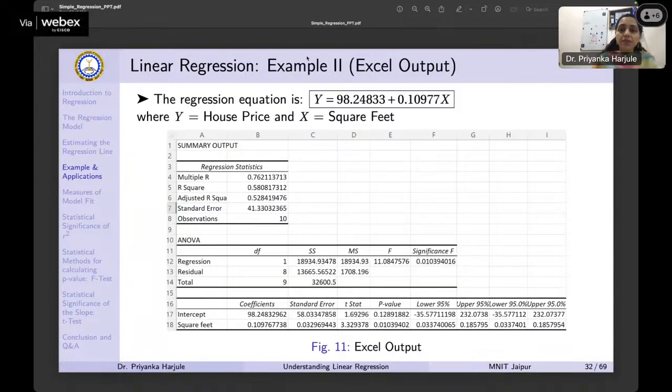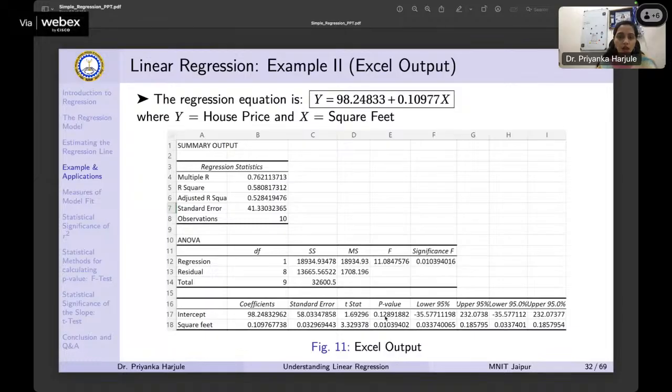What does it mean? Looking at this line, you can say that it meaningfully contributes to predicting the dependent variable. You have got some value, but is it meaningfully calculated, is this contribution statistically significant? That is given here using the p value, which is very less for the square feet.